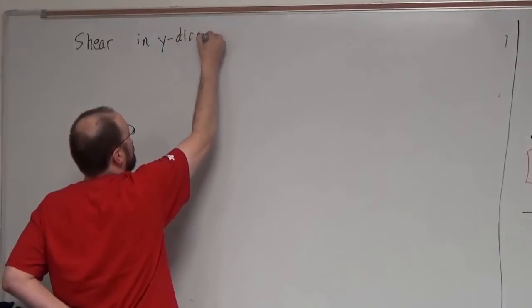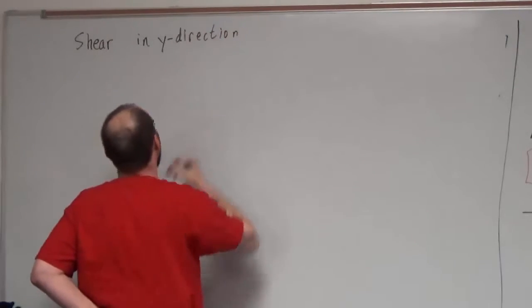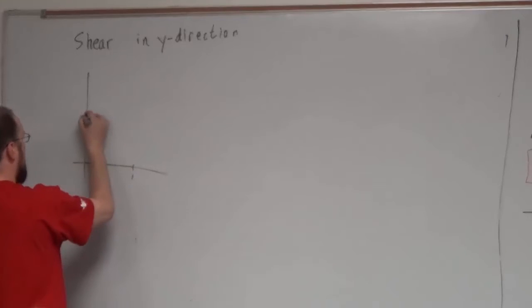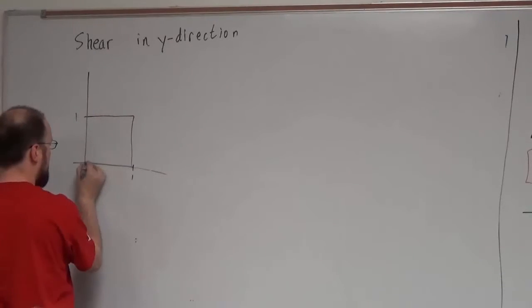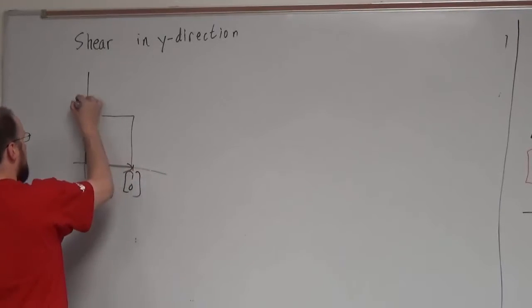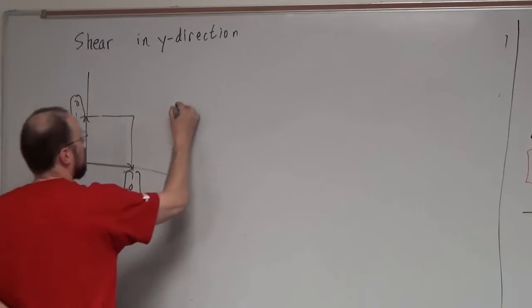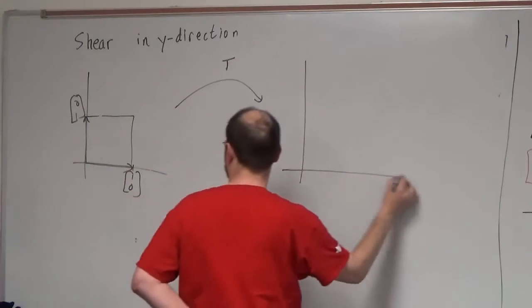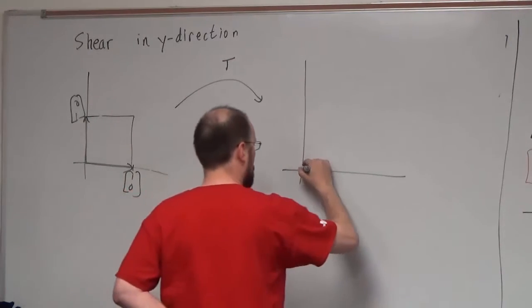That's a consistent way of finding these matrices. So we're going to shear in the y direction by a factor k. So again, we have our unit square, and then we're going to shear this in the y direction.